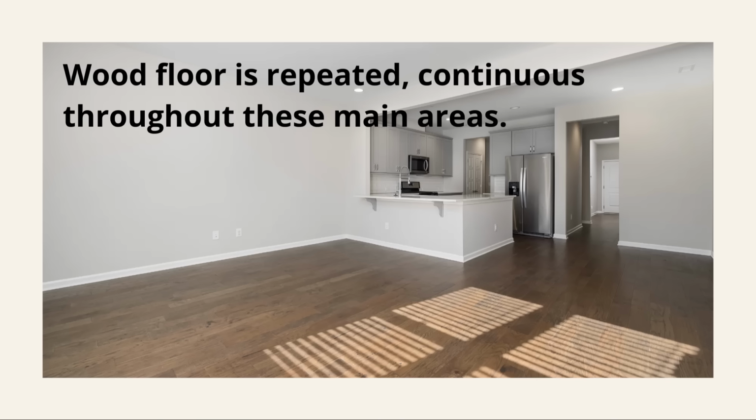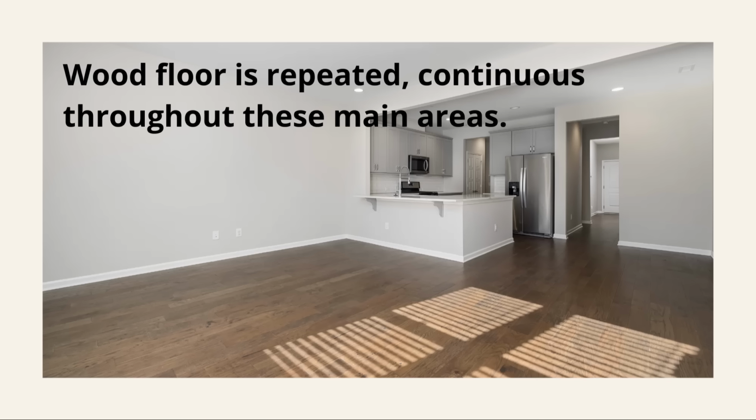One thing that we could think about doing is using the same type of flooring throughout the main areas of our home. And then we could change it up a little bit in other rooms. That means using one consistent type of flooring and maybe a wood stain color throughout our main areas of the home.